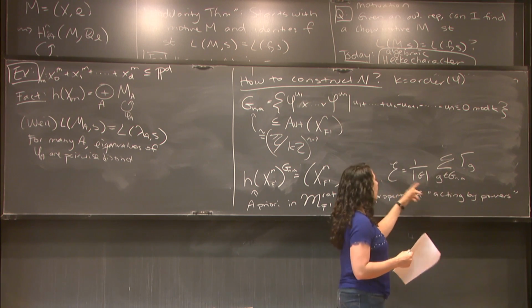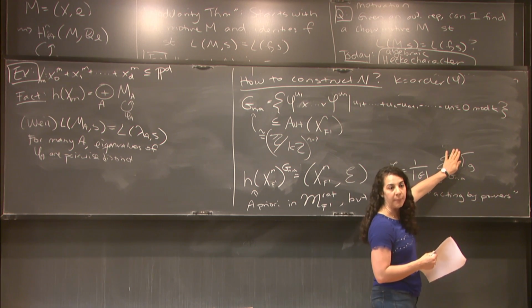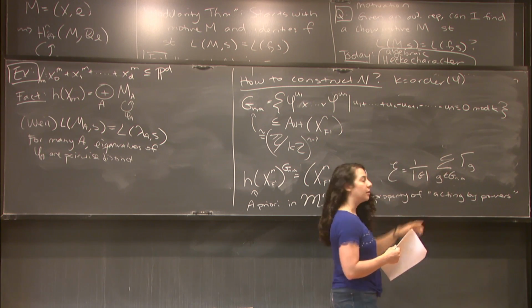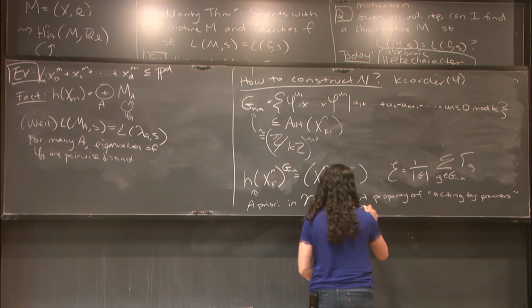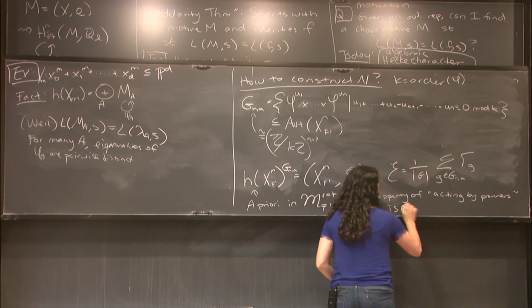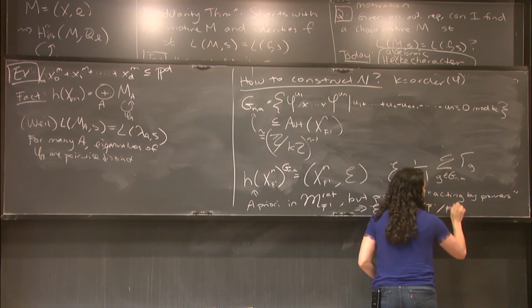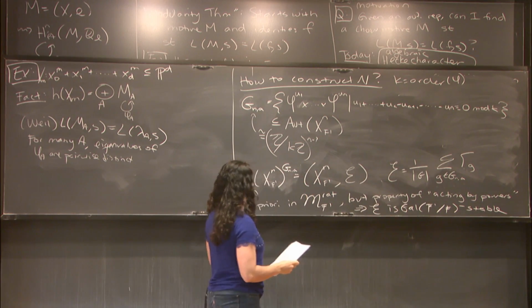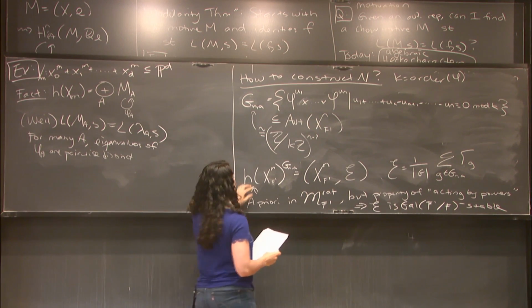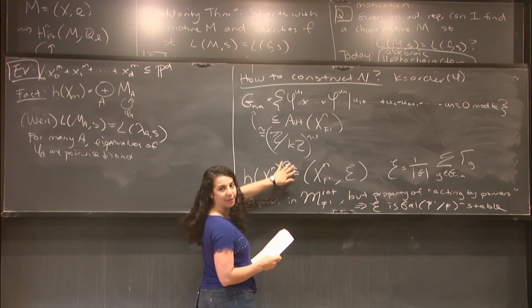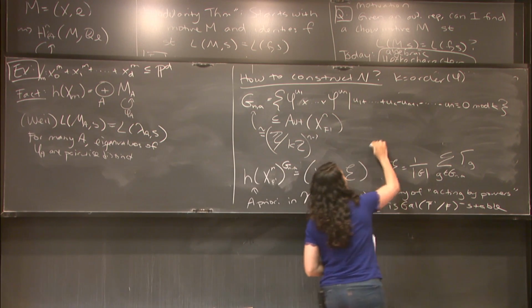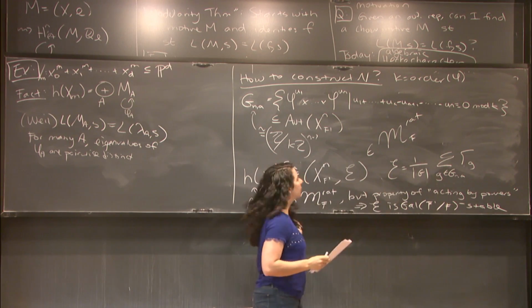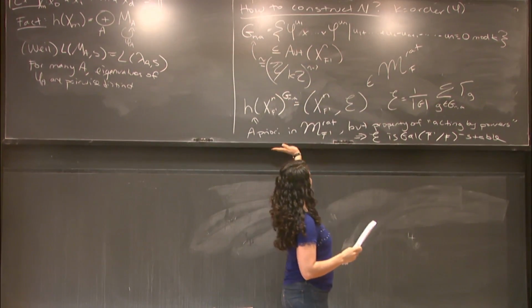Meaning that while the graphs themselves aren't stable under the Galois action, the idempotent overall is, right? So this implies that this epsilon is Gal(F prime over F)-stable. So in particular, what that means is that this h(X^n, F prime, G) actually lives inside of the Chow motives defined over F. Okay.